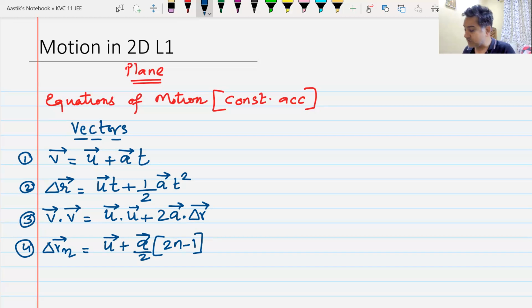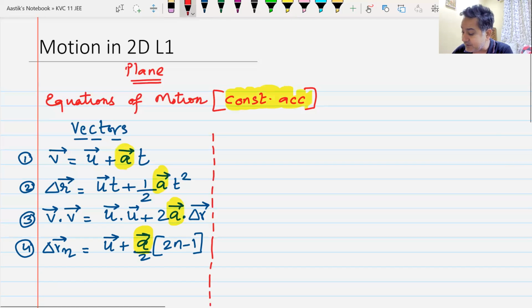These were the equations of motion, but they were only valid when the acceleration was constant.